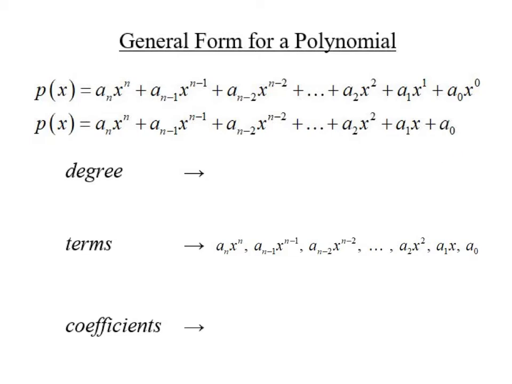All right, so some terms that we have are as follows. We have what's called the degree of a polynomial, okay? So the degree of a polynomial is the largest exponent. All right, I'm going to write that. It's the largest exponent.